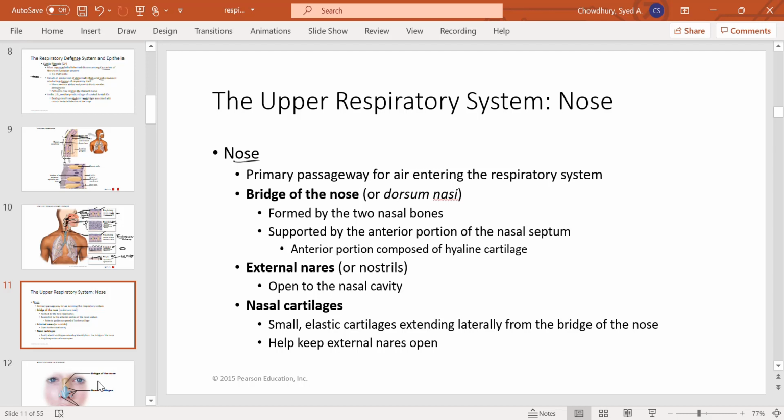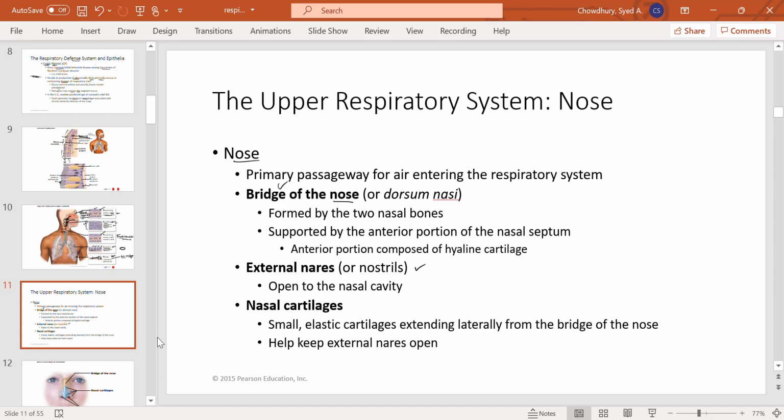And if you press the upper part of your external nose, you can feel the hard bony part, right? That is the bridge of the nose, which is formed by two nasal bones joined together to form the bridge of the nose.